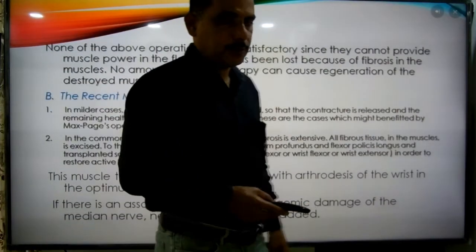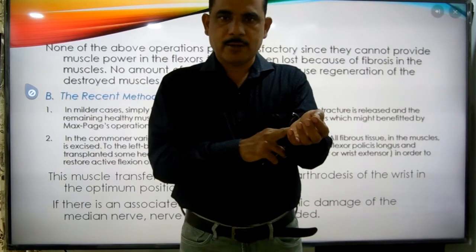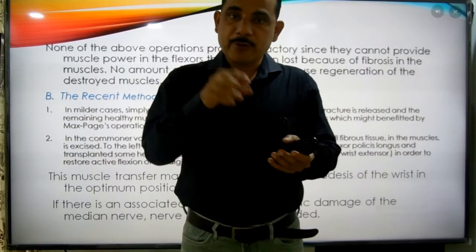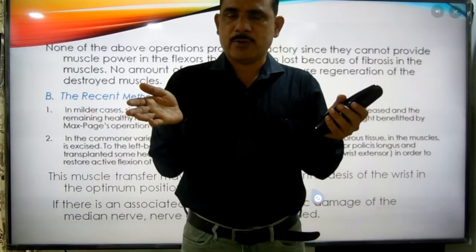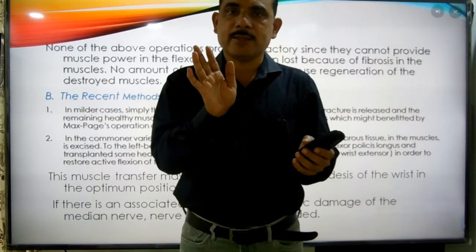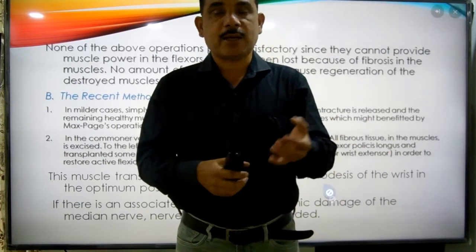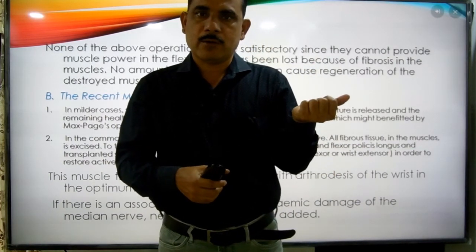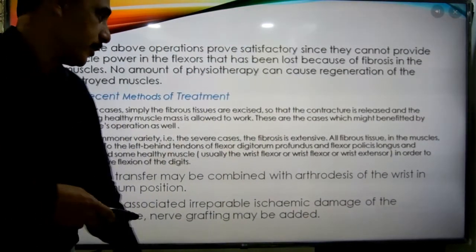It means open the site of the contracture, and where fibrosis occurs in the muscles, only that mass of fibrosis is removed. Not the whole muscle is resected. Only fibrous tissue is removed, and the remaining muscles are allowed to work, and the muscles will be restored, isn't it? So this Max Page's operation is done there.